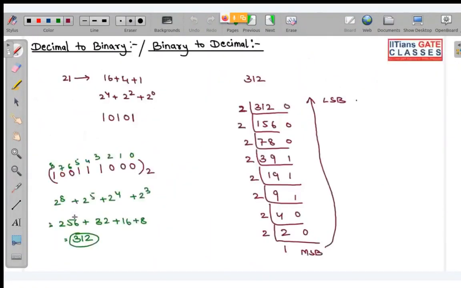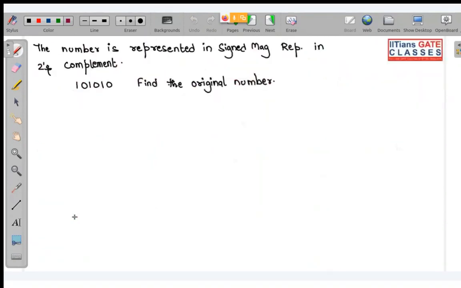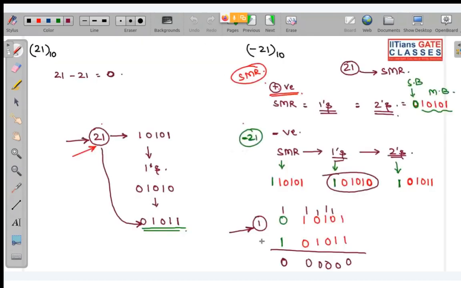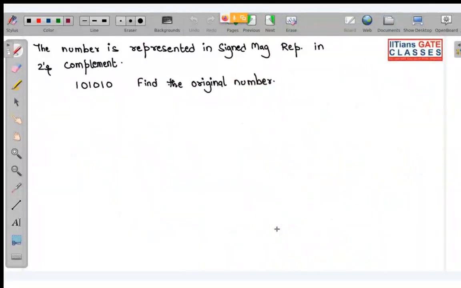One more problem we are going to see now. What is this? The number is represented in sign magnitude representation in 2's complement. Find the original number. Solve this question. Tell me quickly what the answer will be, and after that I am going to show one more problem of 1's complement due to which we use 2's complement.